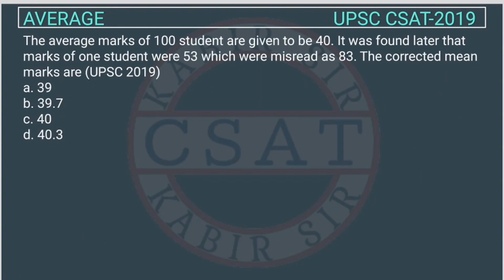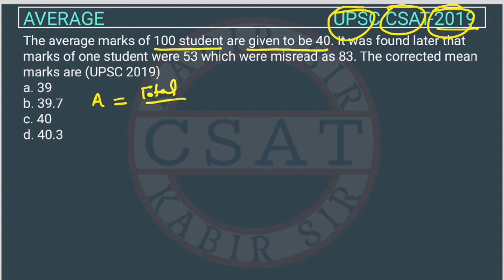This is a question of average asked in UPSC CSAT exam 2019. The average marks of 100 students are given to be 40, right? So we know that the average formula is total marks upon number of students, right?